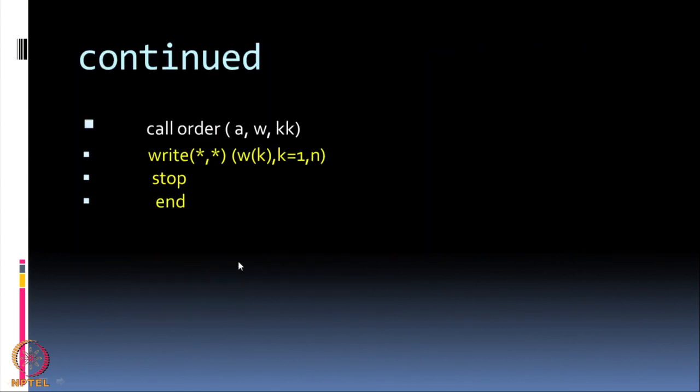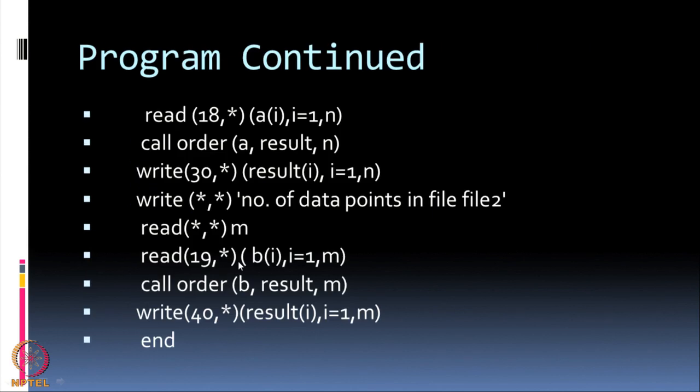If m is say 10 from file 19, it will read b i going from 1 to n. Now, it is going to read variable b from file 19. So, it will read as many variables as specified by this particular integer m, and once that information is read, I will call the same subroutine again, call order b comma result comma n.